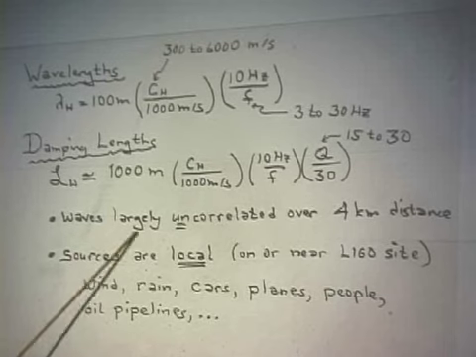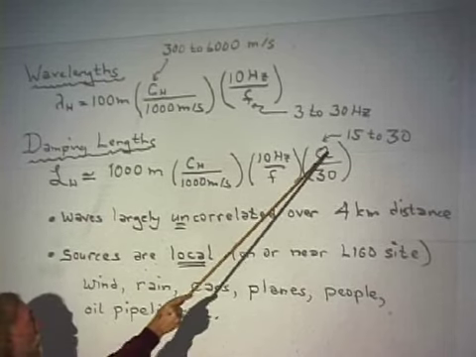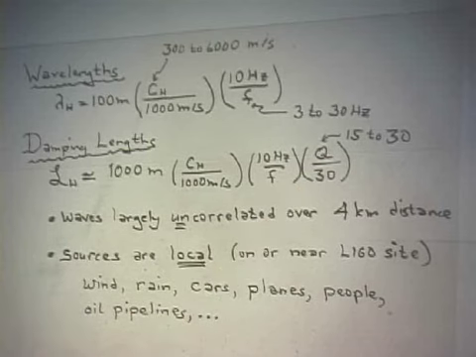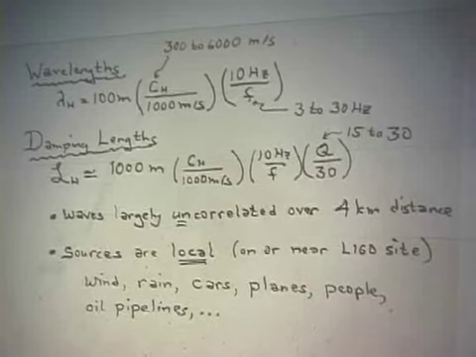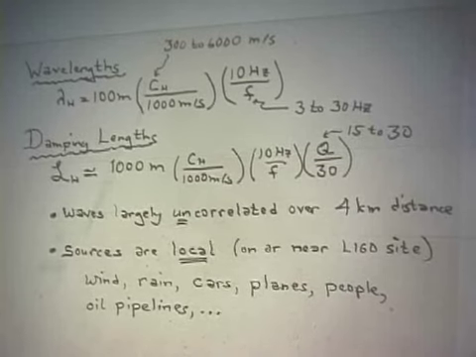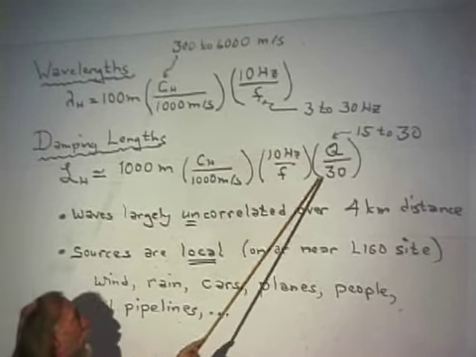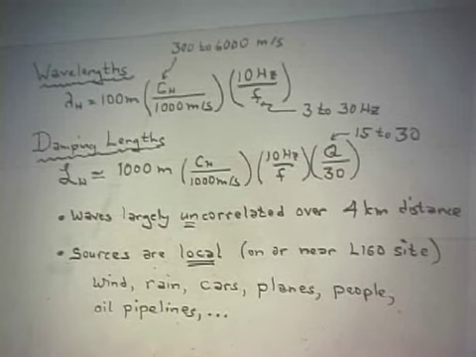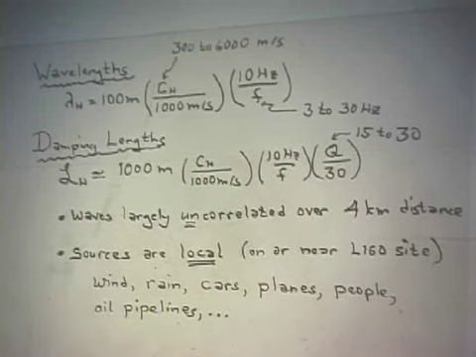The damping lengths, well, the thing you need to know is that the Qs, the quality factors for propagation through basically any kind of geophysical material, whether it's bedrock or sand, range roughly from 15 to 30. Oh, they may get down to 8 and they may get up to 60, but 15 to 30 is a characteristic number.